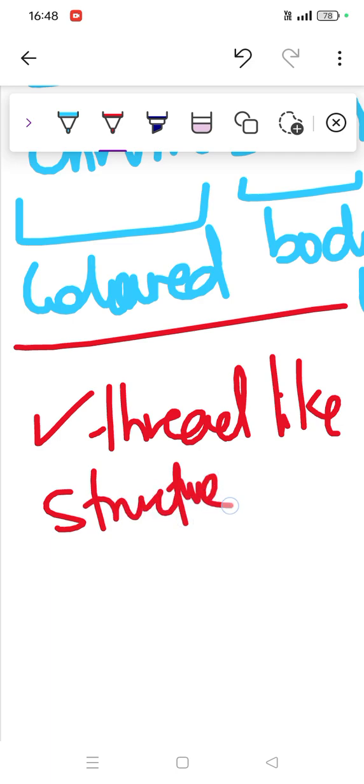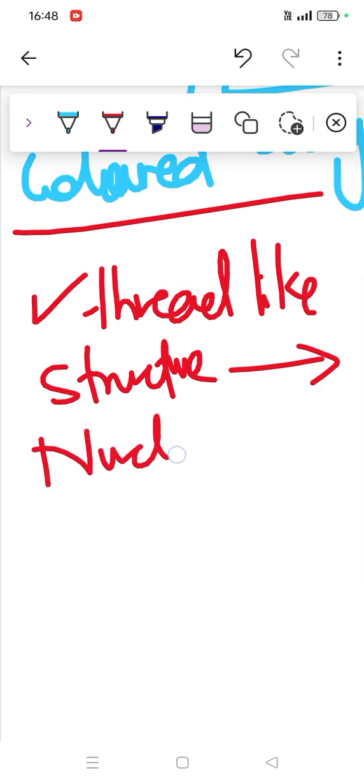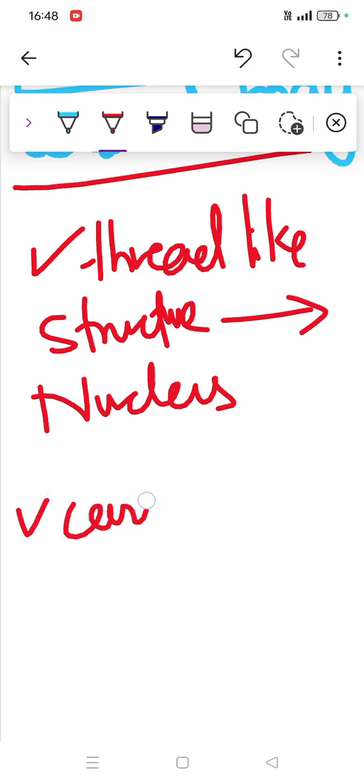A thread-like structure which is present inside the nucleus, which has many functions, because the chromosome is called the carrier of heredity.